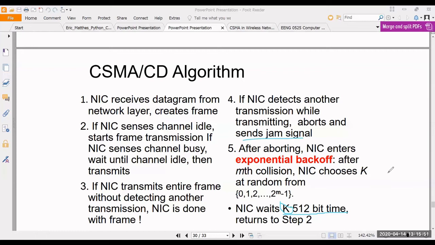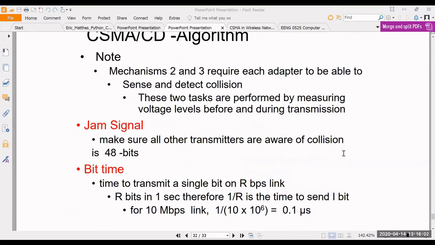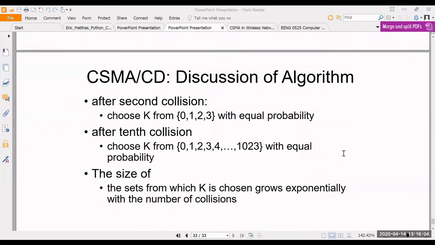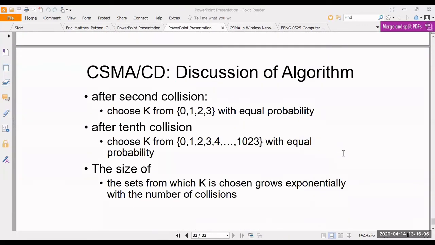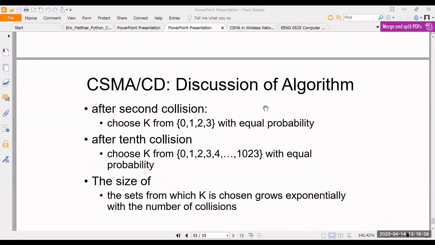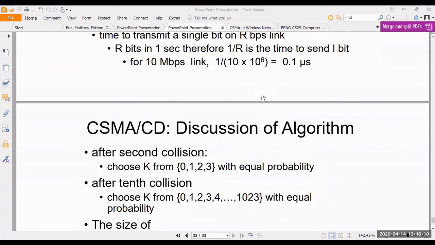So let's take a normal system. Let me see whether the next slide presents any question. I'll come back to it. So this is what we've discussed. This is after the second collision, so let's start with the first collision.